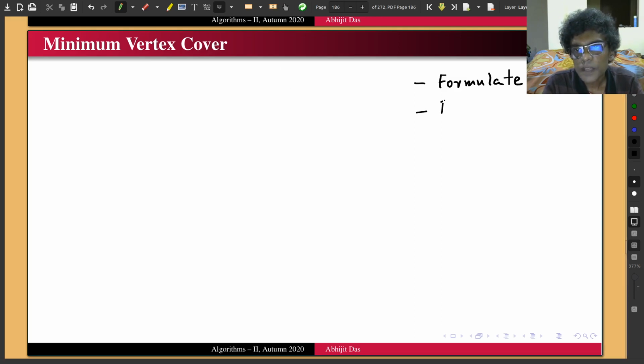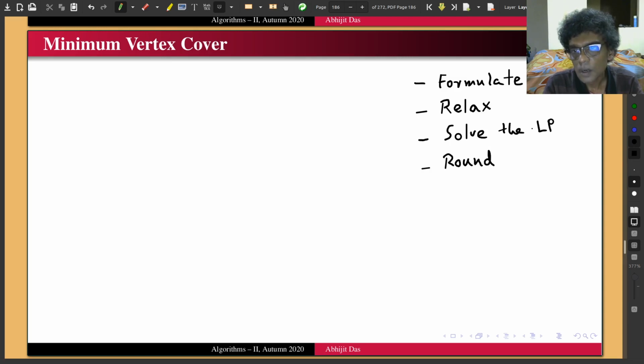Then there is a step, I will explain that, relax that instance. Then the third step is solve the LP. And then there is a fourth step called round the LP solution to a solution of the original problem.